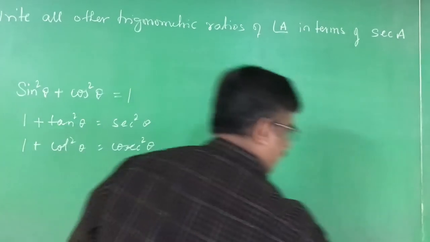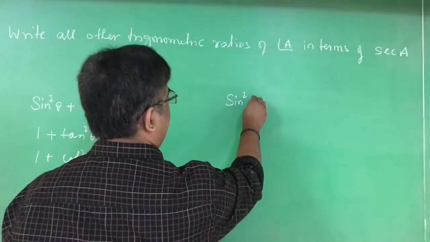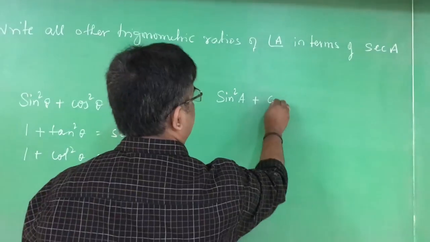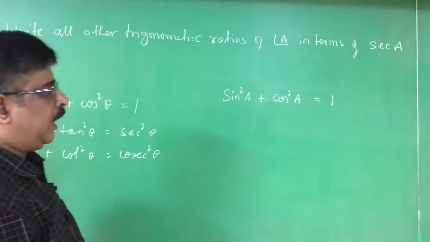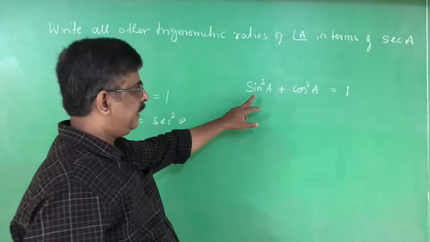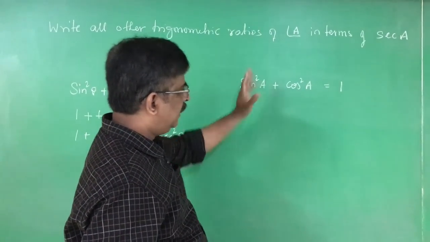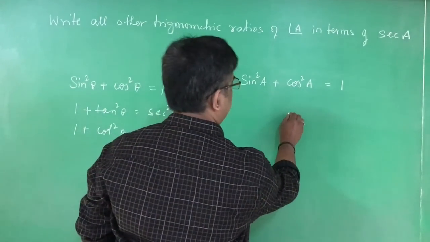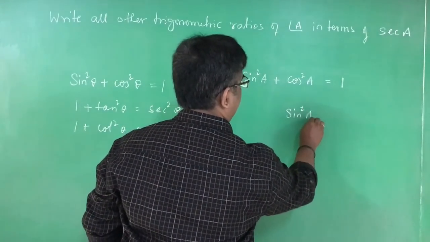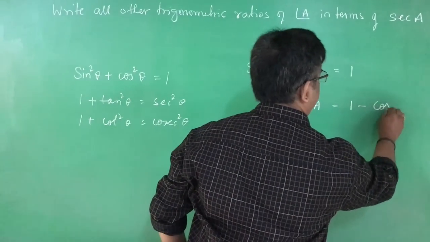Theta I don't write, I write A because it is given as A. Sin square A plus cos square A equals 1. I wanted to develop a relationship between sin and secant. Therefore, I keep the sin here and transfer the cos to that side. It becomes sin square A is equal to 1 minus cos square A.